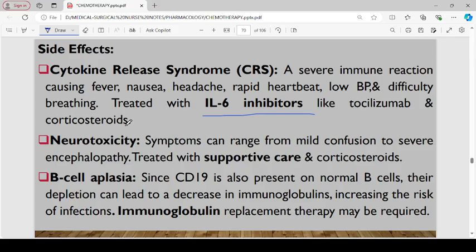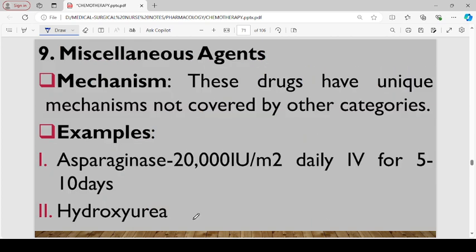Neurotoxicity, where symptoms can range from mild confusion to severe encephalopathy, is treated by supportive care and corticosteroids. B-cell aplasia: since the CD19 is also present on the normal cells, their depletion can lead to a decrease in immunoglobulins, increasing the risk of infection. So we could do immunoglobulin replacement therapy in this case.